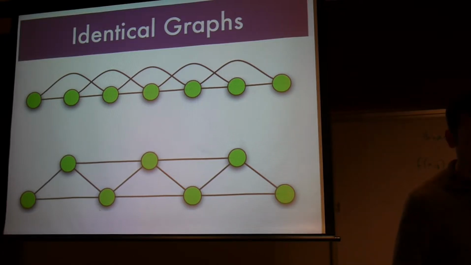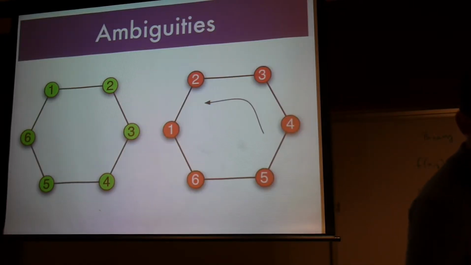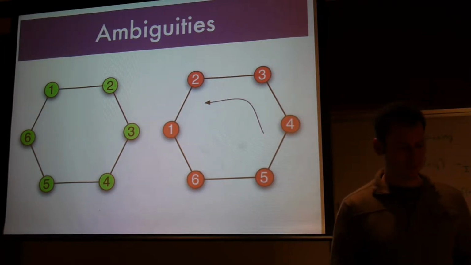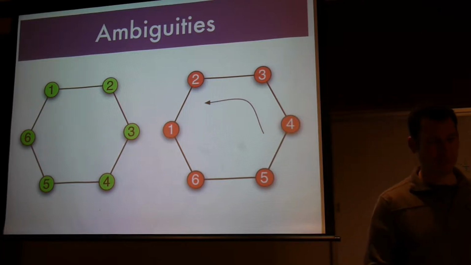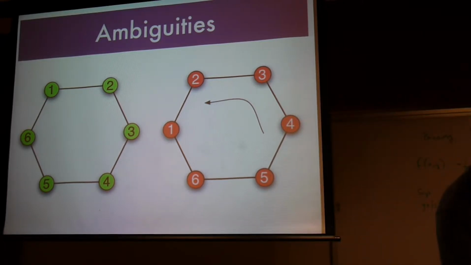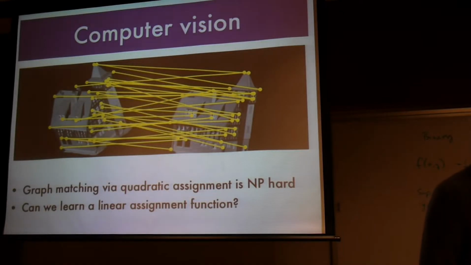So you have this problem. You also have that in some cases, there are just so many different matches, and they all might work. Now, graph matching is at the moment, it's not quite clear whether it's really NP hard or not, but at least if you have a quadratic assignment, it is.